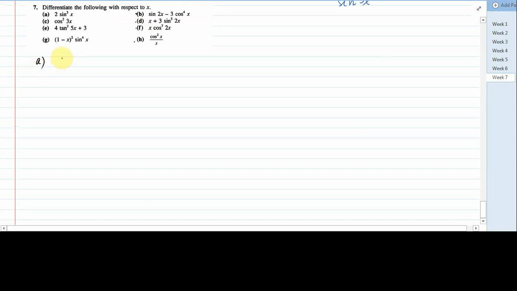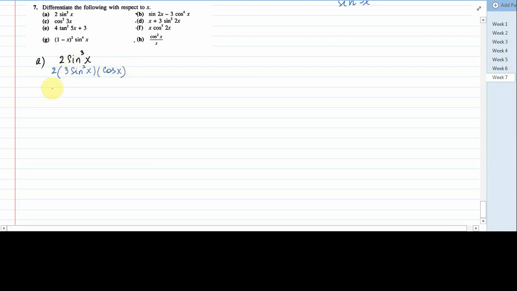It says 2 sine cube x. Alright, so when you are going to differentiate the function, at first we need to differentiate the power. That will be 3 sine square x, right? And now we need to differentiate the function. So the derivative of sine x is equal to cos x.